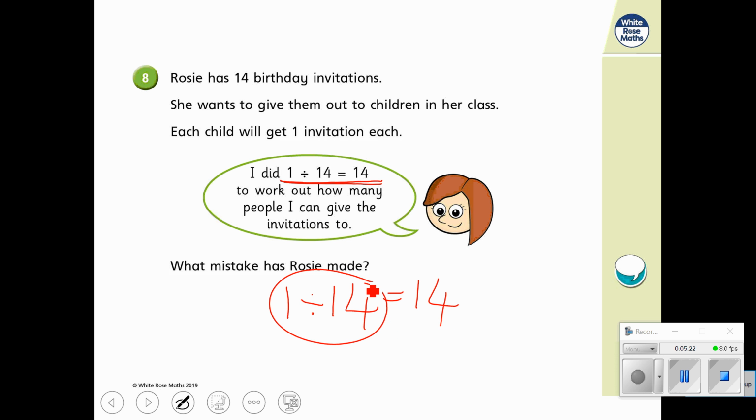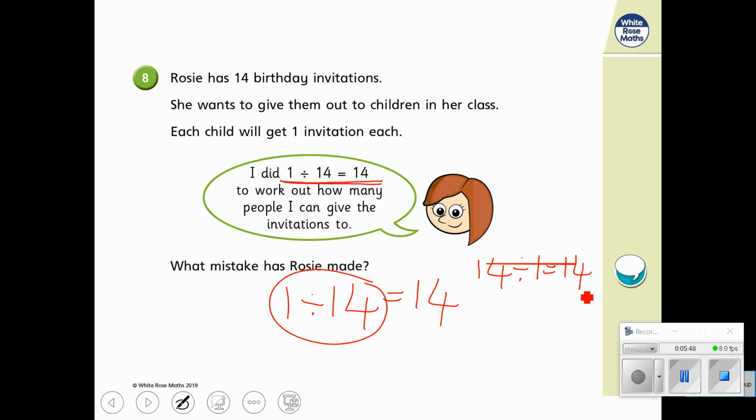So basically, if we are dividing two numbers, the first number must always be greater than the second. So the equation should be 14 divided by 1 is 14. Okay? So she did 1 divided by 14 is 14, but actually she shouldn't have done that.